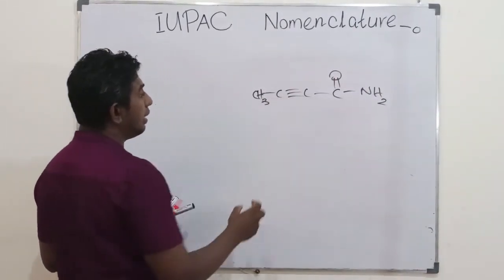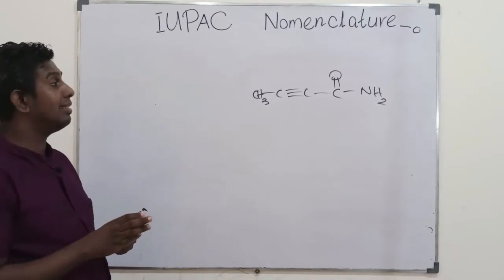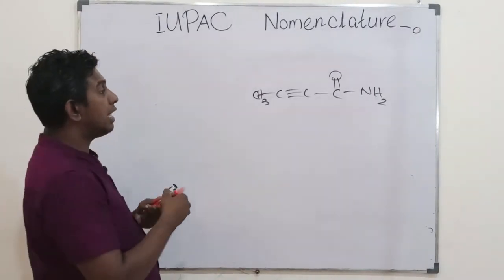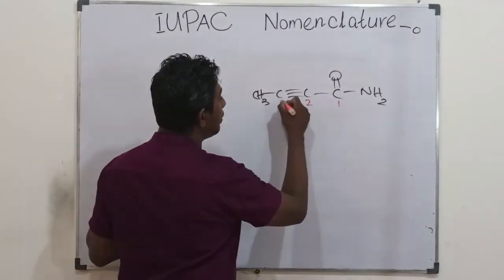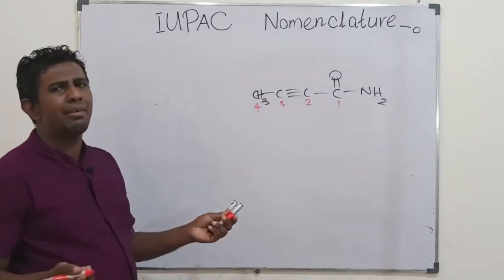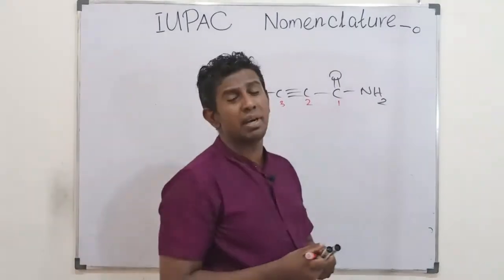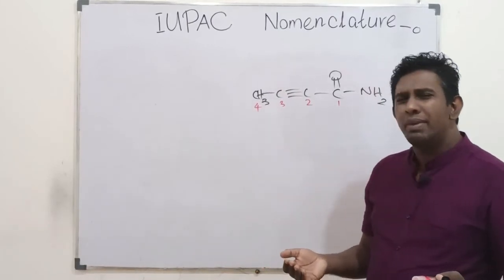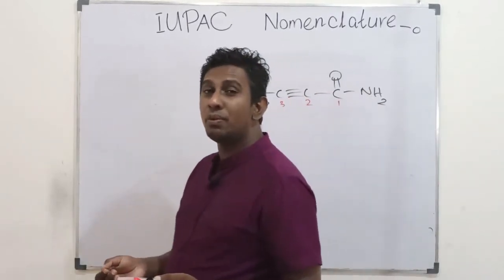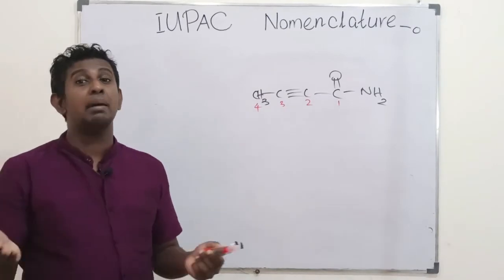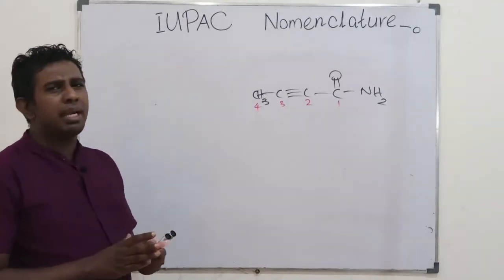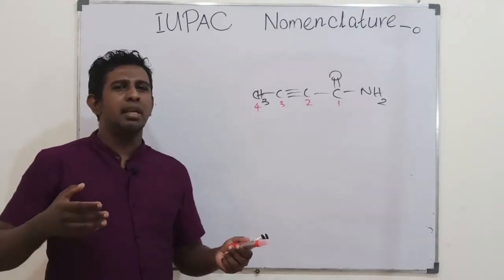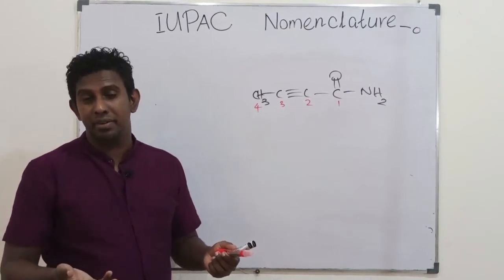So this is an alkyne. Amides are prominent. When you have an amide as the main functional group, the suffix given is amide. When it is a subfunctional group, we give the prefix carbamoyl. So amides are more prominent than even alkyl cyanides.